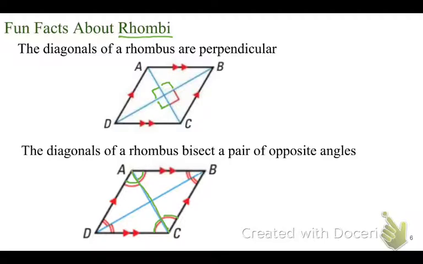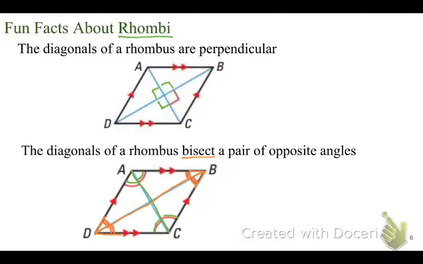Similarly, you can look at the diagonal BD, and by this rule that says the diagonals of a rhombus bisect a pair of opposite angles, here's angle D. We know these two are equal because DB is a bisector of angle D. Here we have angle B, and we know diagonal DB bisects angle B, so these two are the same.